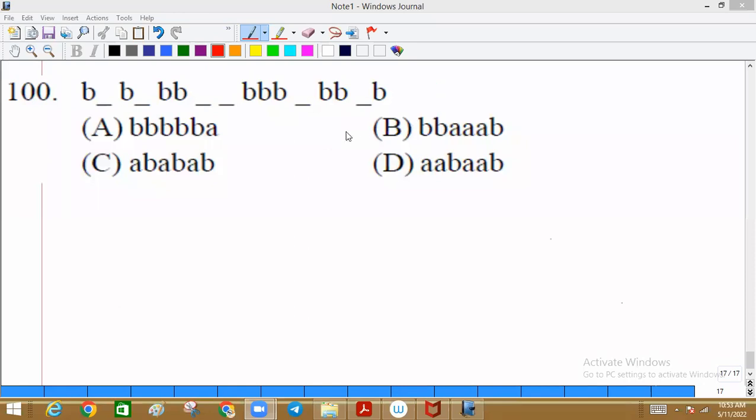Even if you fill option B, you get something like this: B, B, A, B. Till here, fine. Now again A, again B, B, B, again A, 4 B's.